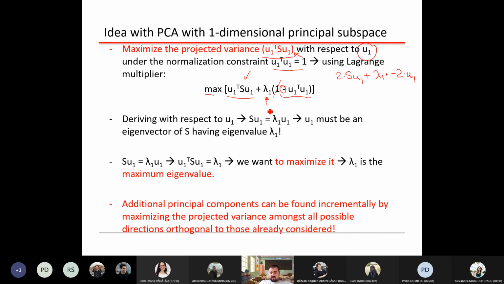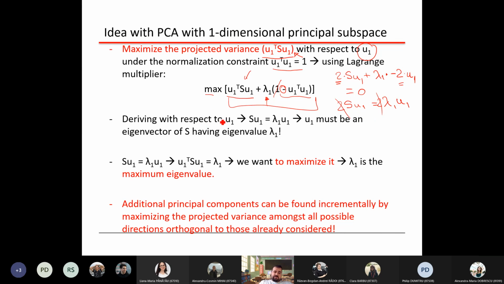And this is the derivative of this term. We have to set it to 0. And now what we will have is S u1 equals lambda 1 u1. We have these two that are here and here, so we can put it if you want, but this is the equation that we end up with.